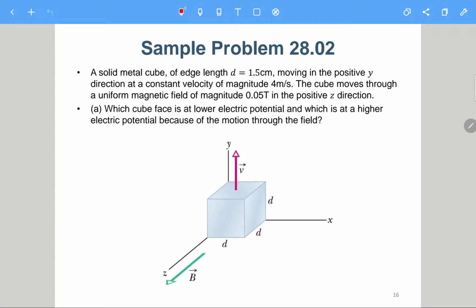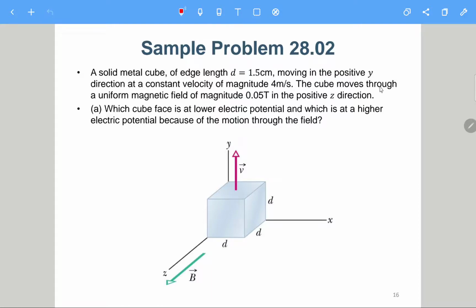So next, let's consider a sample problem. Here we have a solid metal cube of edge length d, so this is a cube with d on all three sides. d is 1.5 centimeters and it is moving in the positive y direction at a constant velocity of magnitude 4 meters per second.